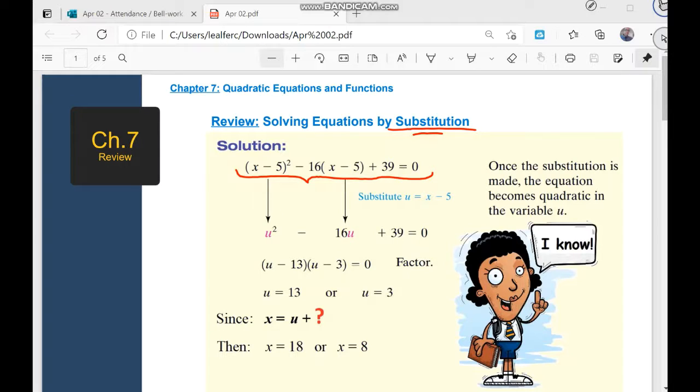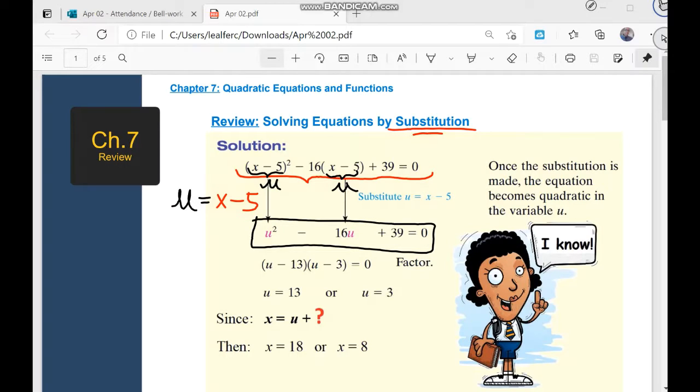You can adopt a variable. We adopt the variable u to be equal to x minus 5, right? So you can substitute here by u, you can substitute there by u, and at the end you're going to find a very nice and easier to work quadratic equation like this: u squared minus 16u plus 39 equals 0.